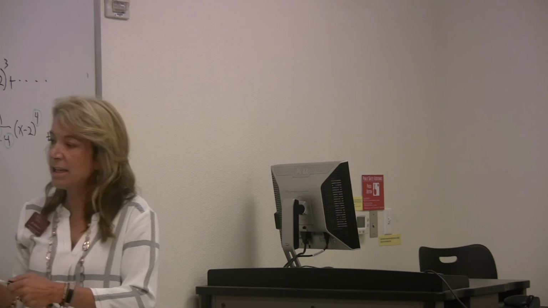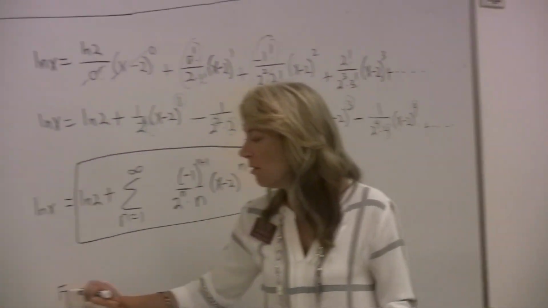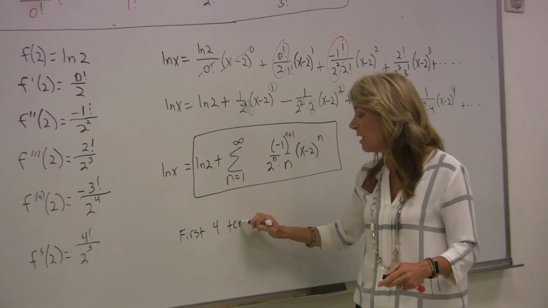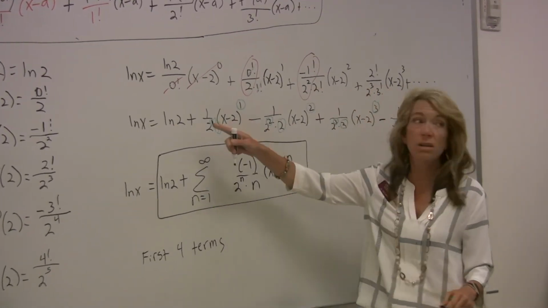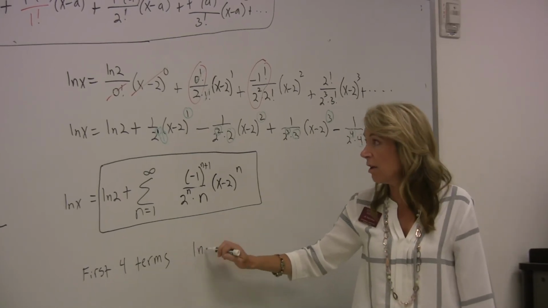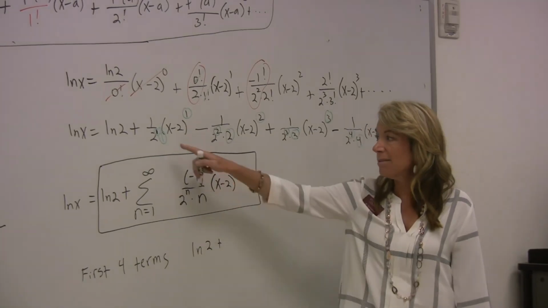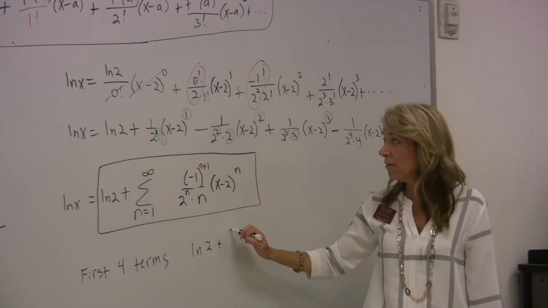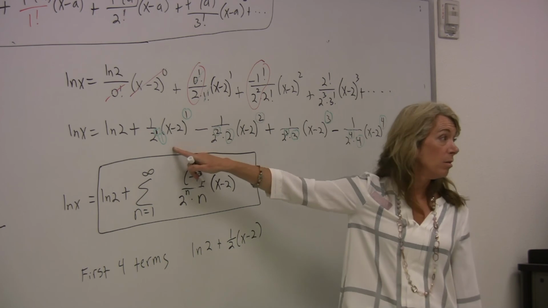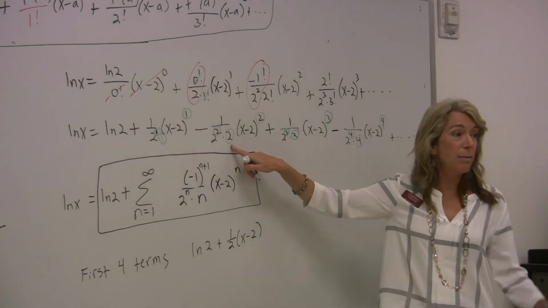So if I had just said find the first 4 terms of this guy, you didn't even need to worry about the pattern. You could have just simplified each of these to see what you got. So it would have been natural log of 2 plus this reduced to 1/2 times x minus 2, right? This is the one we talked about where he's like, it's 2 cubed.